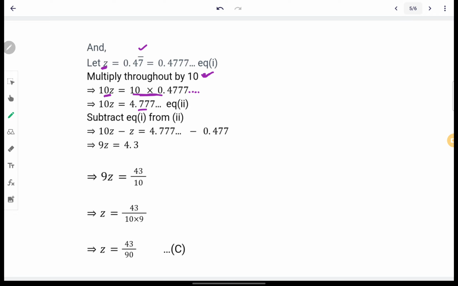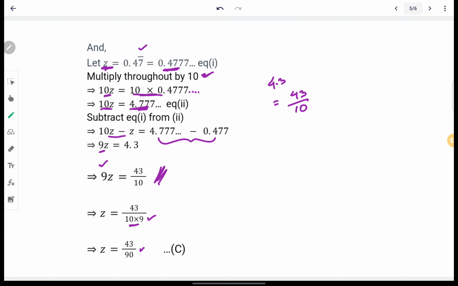Then once again we have to subtract, left hand side minus left hand side, and right hand side minus right hand side. 10z minus z, we're going to get 9z, and when you subtract these two, we're going to get 4.3. 4.3 is a decimal number. How do you convert it in the form P by Q? Just divide it by 10. So you can see 43 by 10. Now this 9 will go down to the denominator by cross multiplication, so we're going to have 43 by 10 into 9. 10 into 9 is 90.